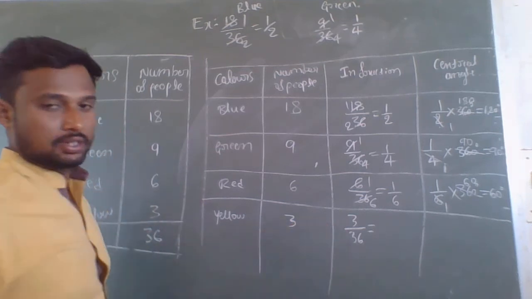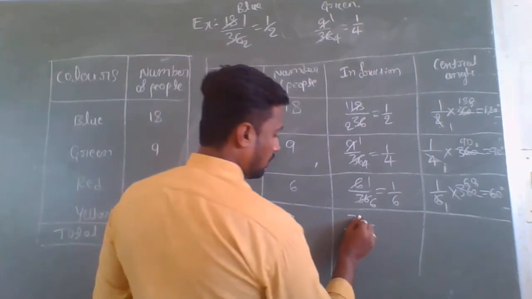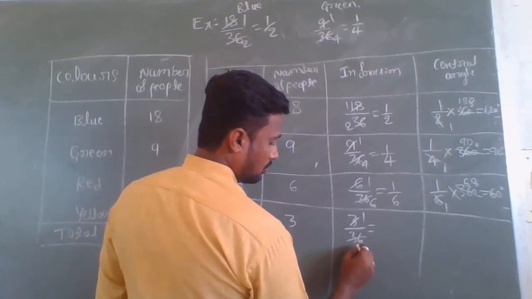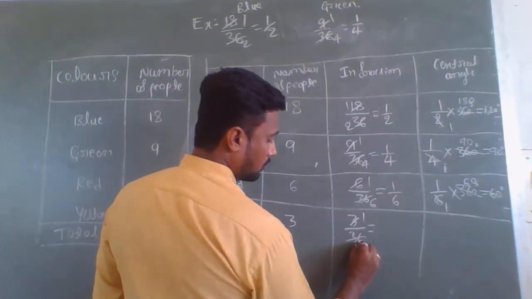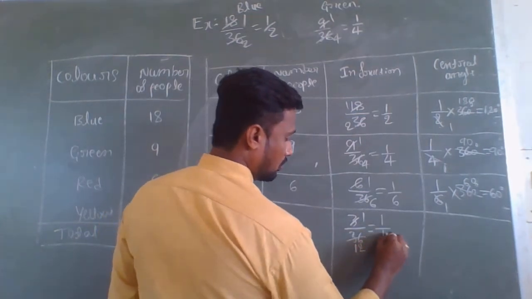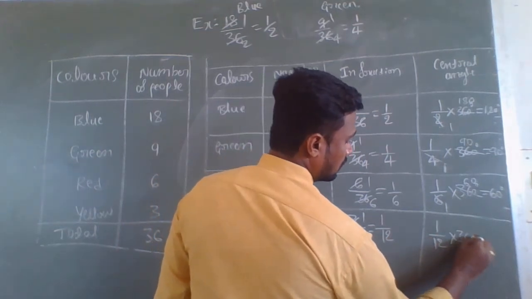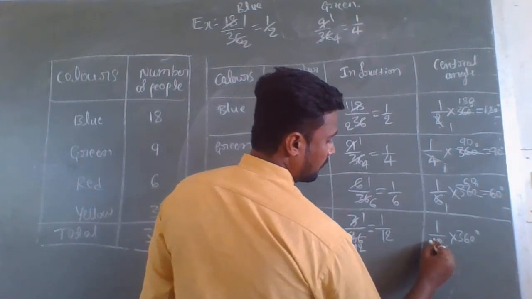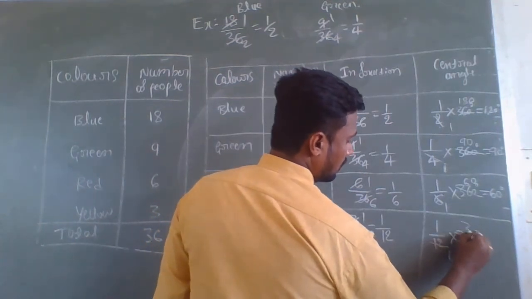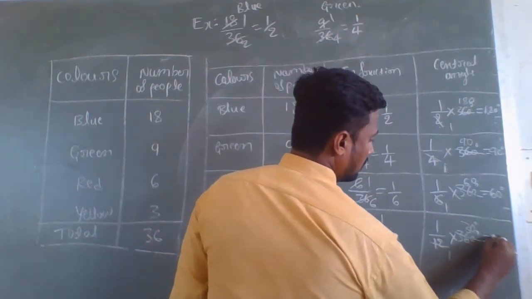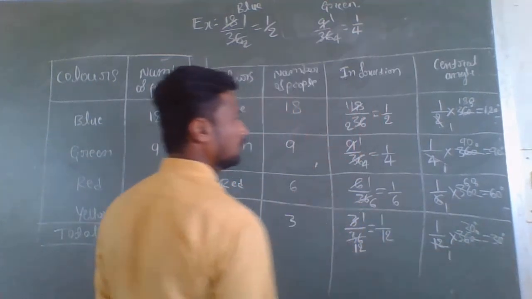Therefore, 3 by 36 is equal to, here 3 ones are 3 and 3 twelves are 36. Therefore, 1 by 12. Here I will consider 1 by 12 into 360 degrees. 12 threes are 36 and the remaining is 0, equals 30 degrees.